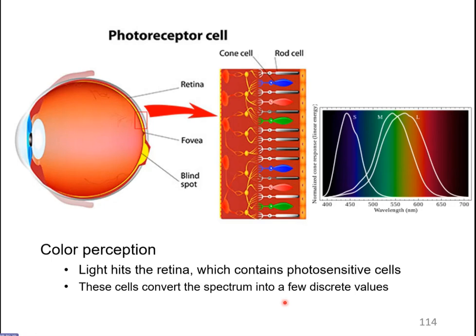On the retina, there are 4 types of cells. The rod type is sensitive to brightness, but it doesn't work for color. And for cone cells, there are 3 different types: long, short, and medium. They are responsible for different light wavelengths.